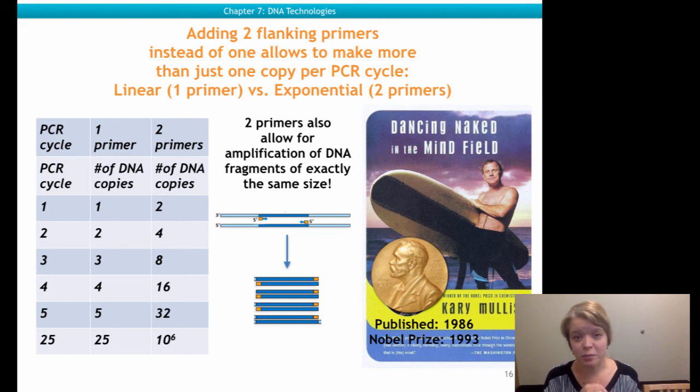And he's probably one of the goofiest people to receive the Nobel Prize. This is the book and the book cover that kind of exemplifies what Kary Mullis is all about. Now, the PCR reaction protocol was published in 1986, and then Kary Mullis and others received the Nobel Prize in 1993. So it took them a while before they were willing to give the prize for PCR.